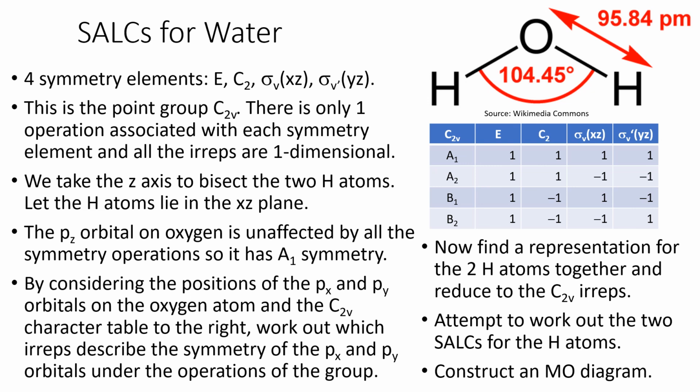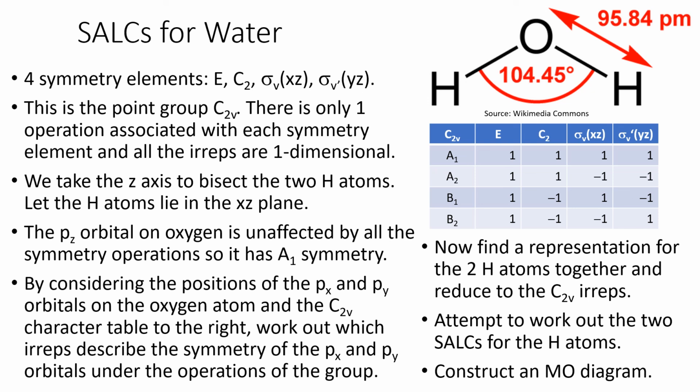And so when you consider the pz orbital, the orbital sitting on the oxygen atom, which is in the plane of the screen, going up and down, curiously, this one is invariant under all the operations. Obviously it is under E, but that C2 rotation leaves it unchanged. And of course those mirror planes just cut through that orbital and so leave it unchanged as well.